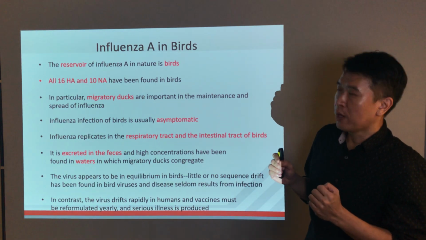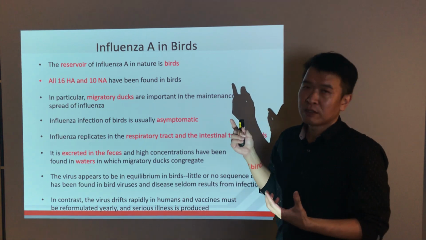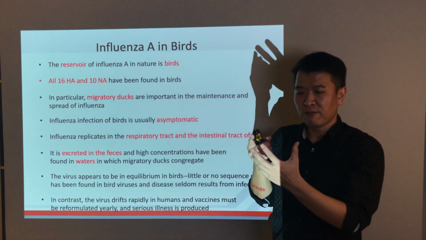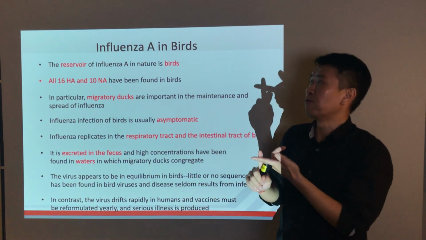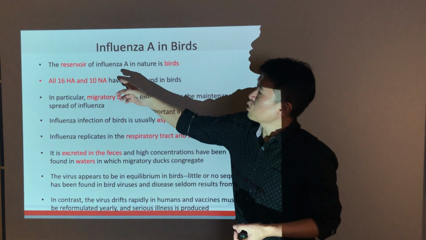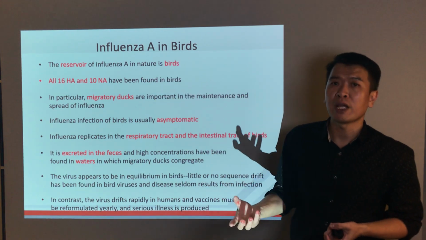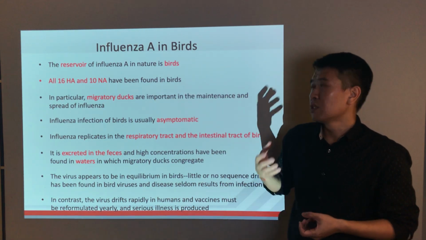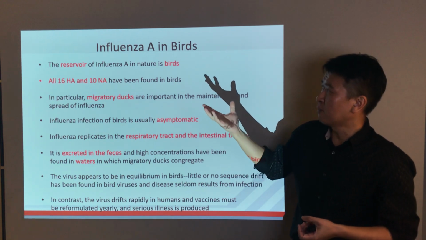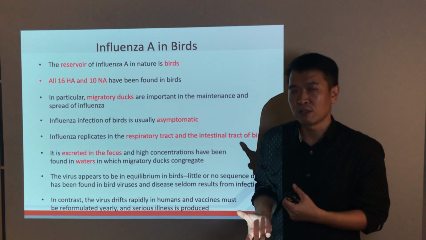So the thing with flu A, as I mentioned earlier, is that it can infect not only humans, but also birds and swine or pigs. Most of the time, the reservoir for flu A is birds, the migratory birds. The influenza A virus can infect the birds, but it doesn't cause any symptoms.